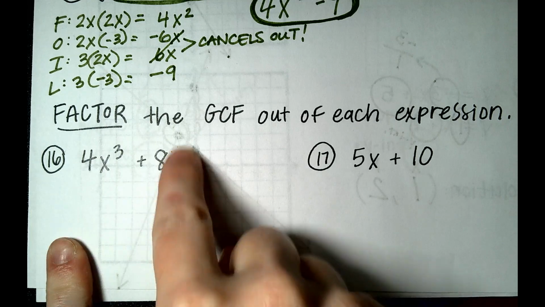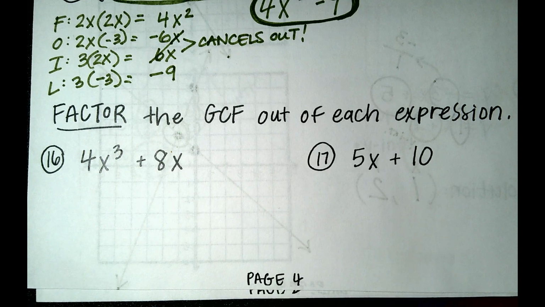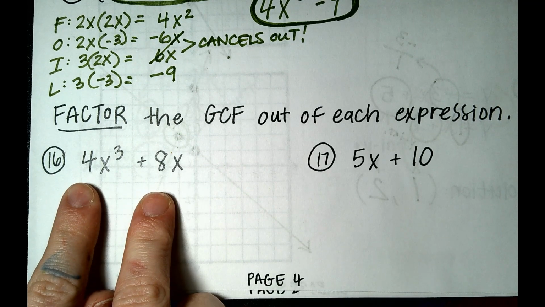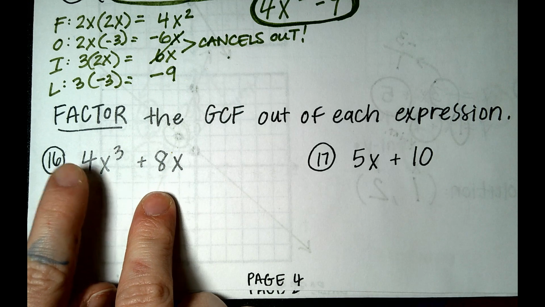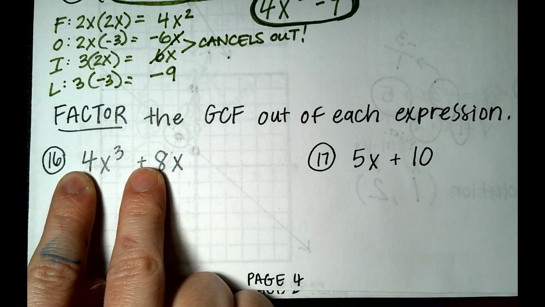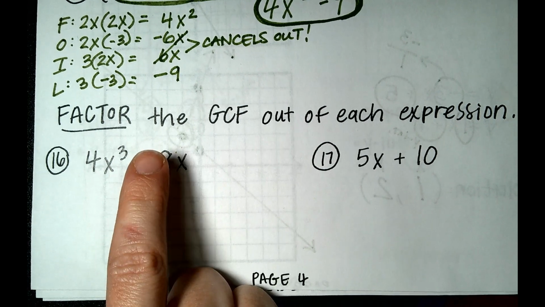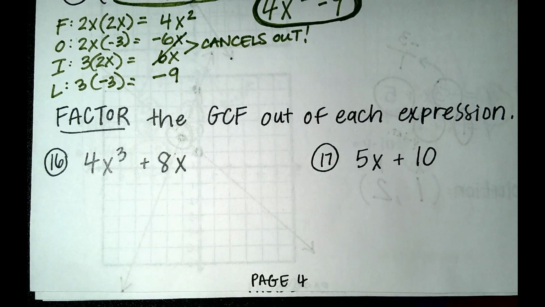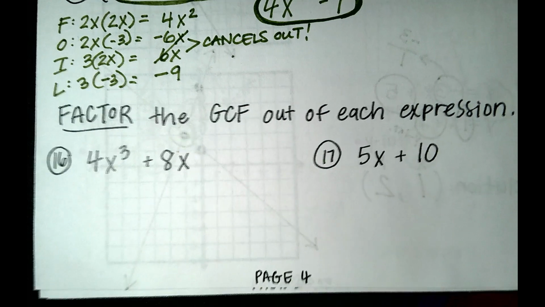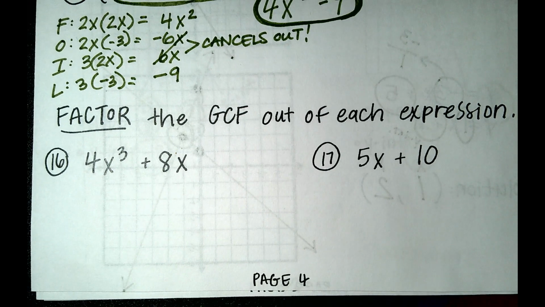thing by. So the first thing I would want to look at is my numbers, 4 and 8. Can I divide those by anything? By 2, by 4, both are correct. If I divide by 2, let's just start there. Let's see what happens.